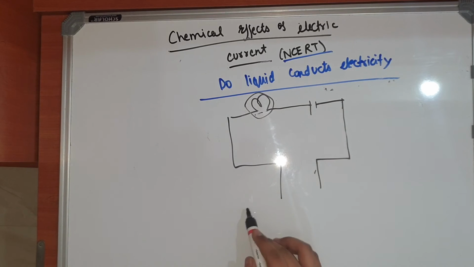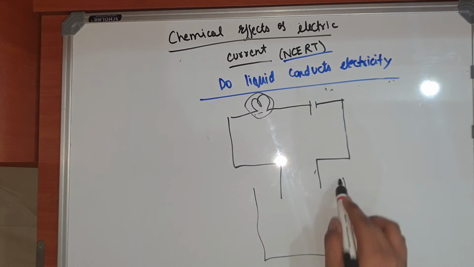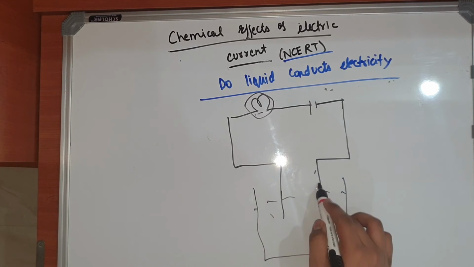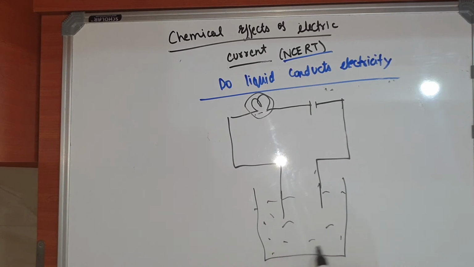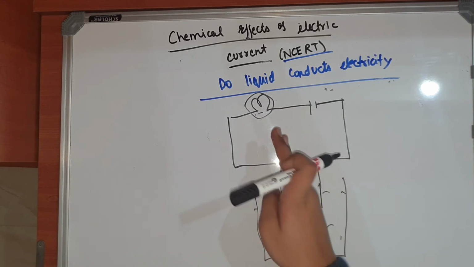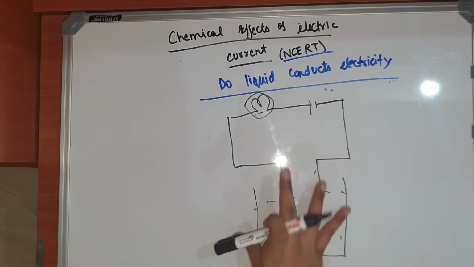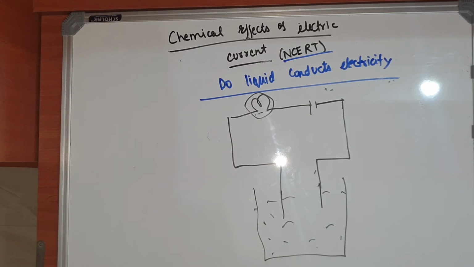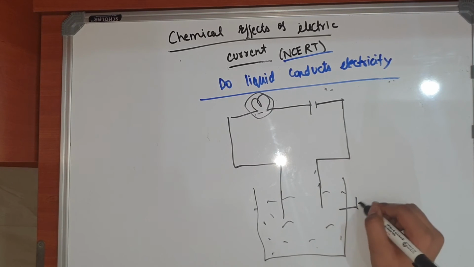And suppose there is a liquid, H2SO4. We will open these two ends of the circuit and put them into the solution of H2SO4. We will notice that the bulb will glow very brightly.